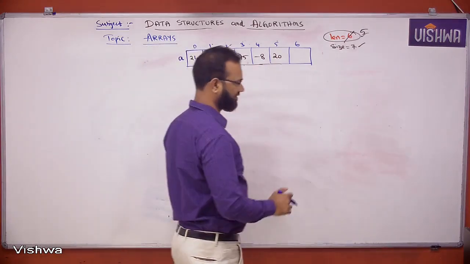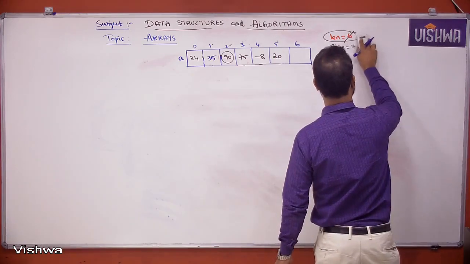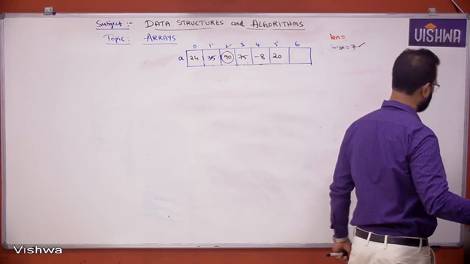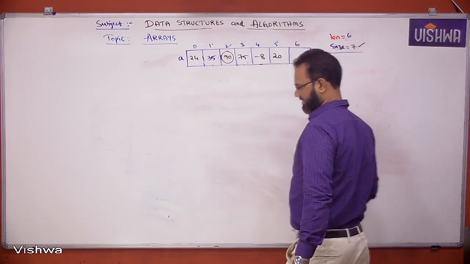I assume 35 is already there. Length is equal to 6. Size is 7. Let's keep this one as it is.